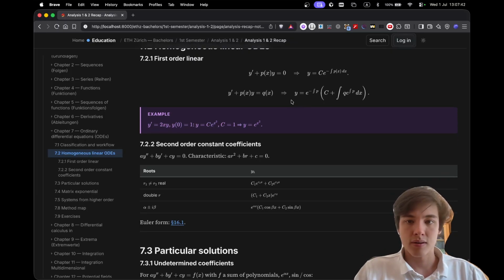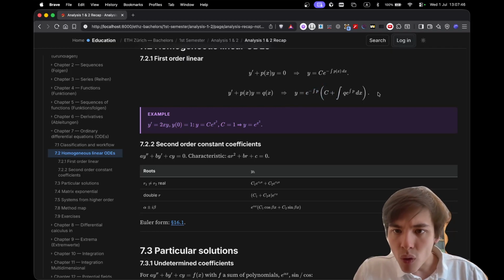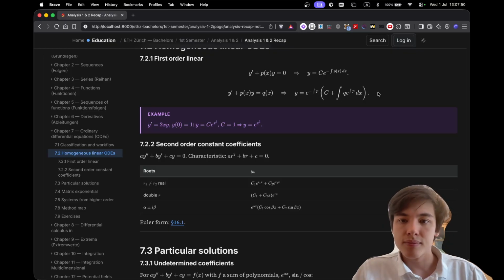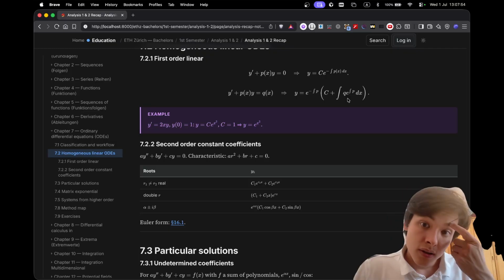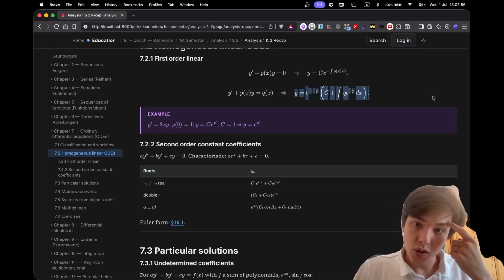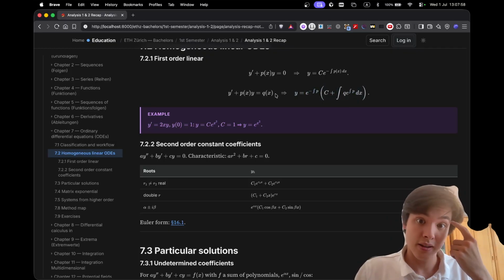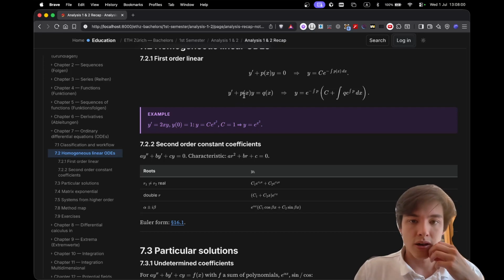I guess you could also directly get a formula. I'm not sure if this is entirely correct, but we would have this integrating factor.